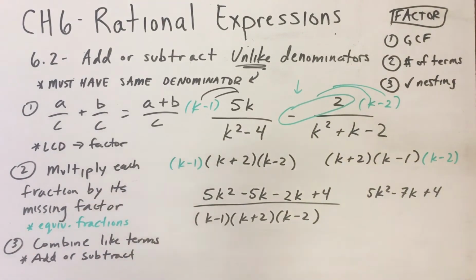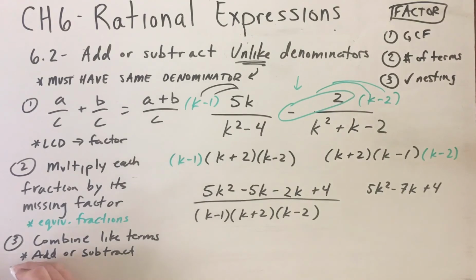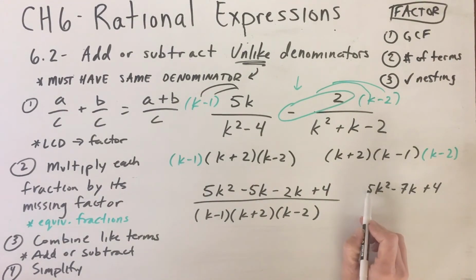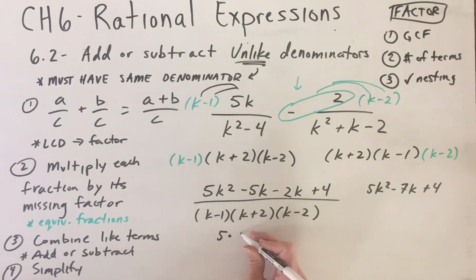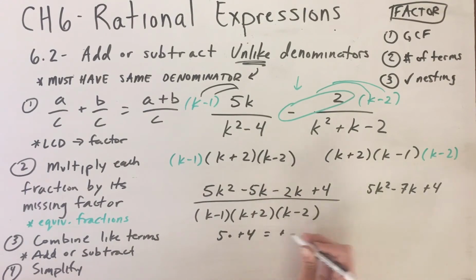Okay, and then the last thing we need to do is see if it can be simplified. So if I can simplify this, the way I'm going to simplify, remember, simplify by factoring and canceling. So I'm just going to check here and say, okay, well, this is a 3-term polynomial with no GCF, so I'm going to do a 5 times a +4 and get a +20.